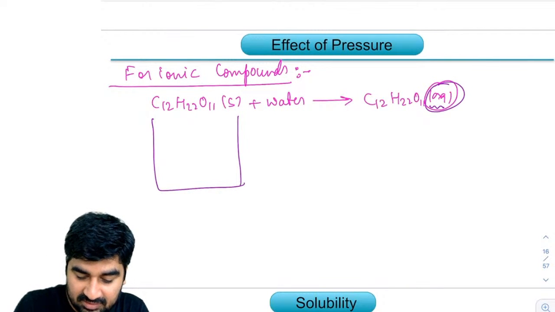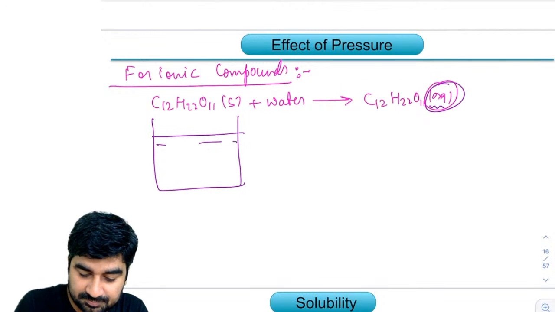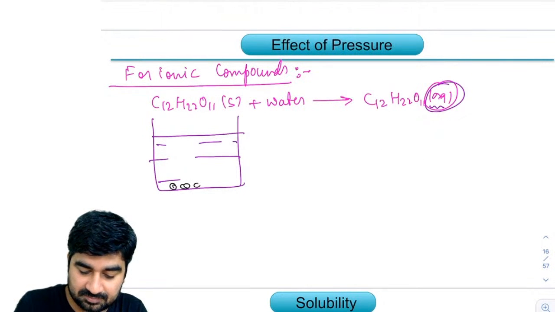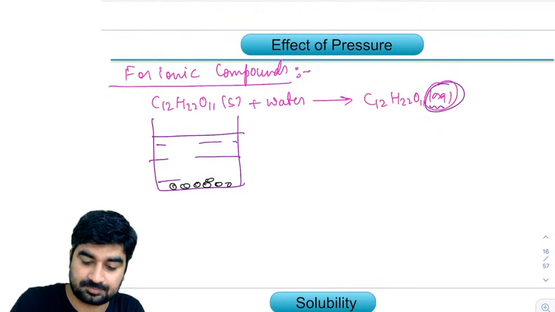Suppose I am taking a glass having water, and guys, these are sugar pieces at the bottom.